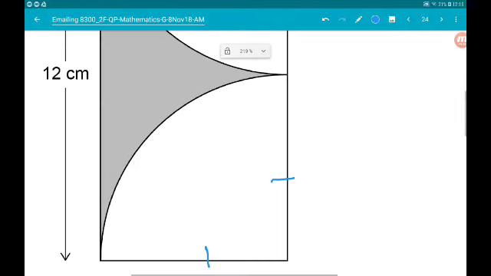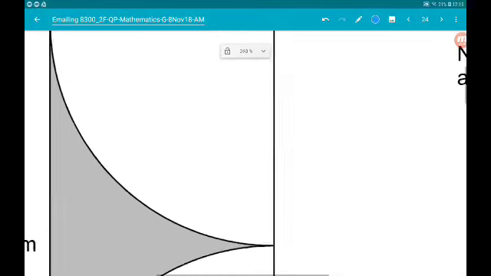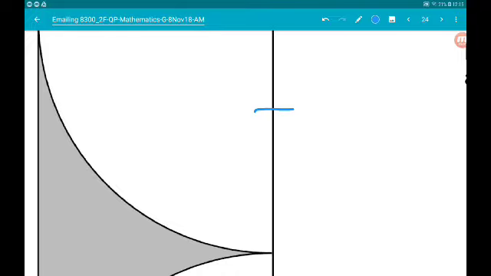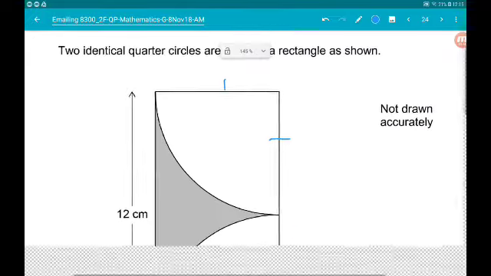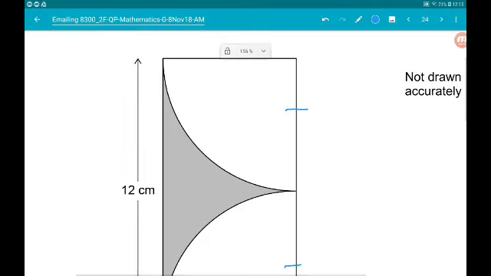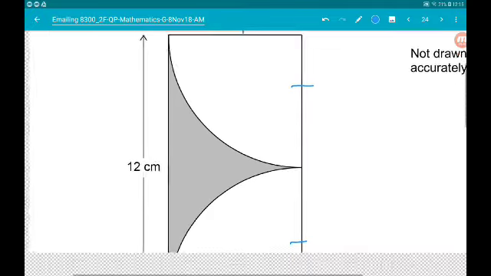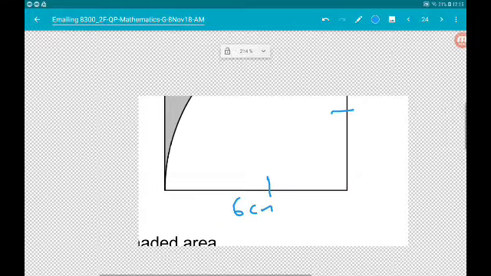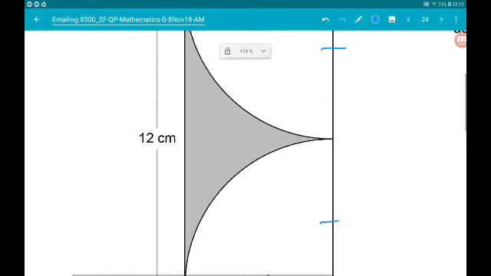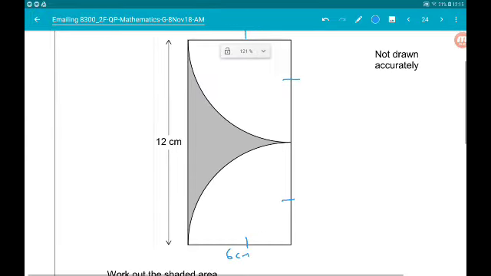They are both a radius of the circle. The quarter circles are identical. So from that, we can work out that the radius of the circle is 6, which is also the width of the rectangle.